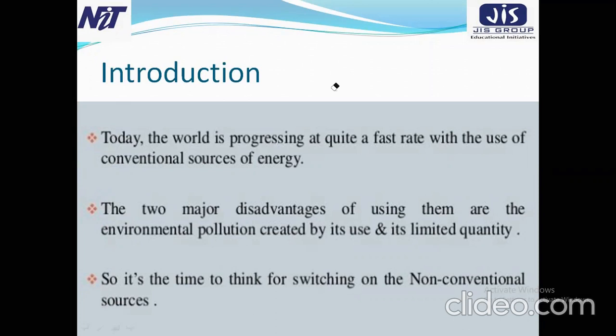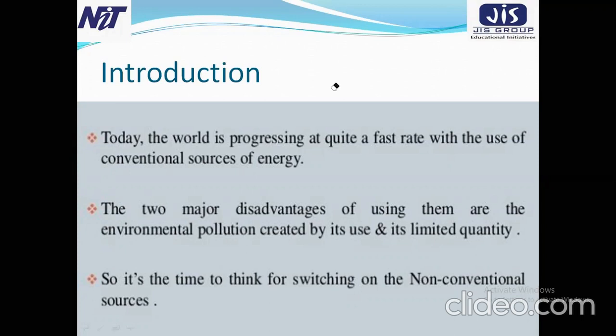If you follow, you will find that the maximum part of the world's power generation is from conventional energy sources like thermal power stations, and nuclear power stations were there, but the pollution is increasing day by day, and the storage of the fuels, the coal, is going to run short day by day.